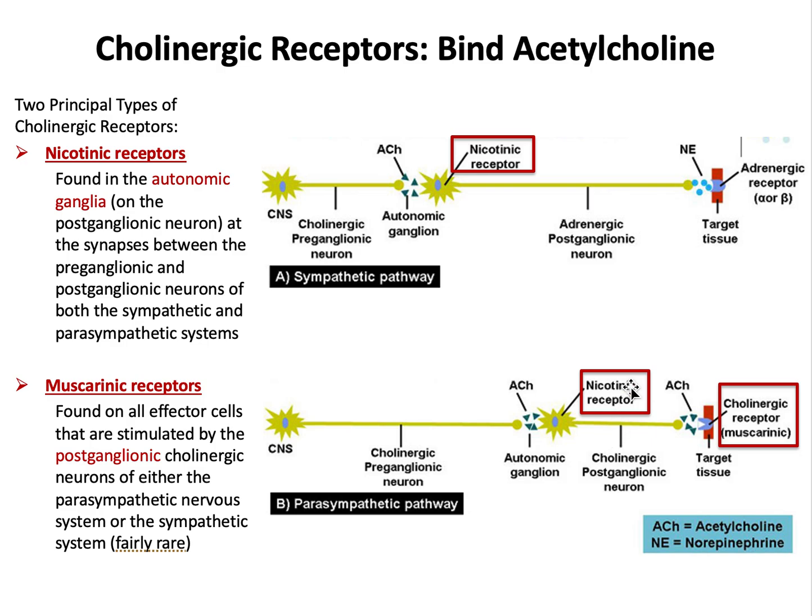Now the difference comes in the postganglionic neurons. In our sympathetic pathway, our postganglionic neurons are adrenergic neurons. They're going to secrete norepinephrine. And the norepinephrine neurotransmitter will bind to either alpha or beta adrenergic receptors on the target tissue. Whereas the postganglionic neuron of the parasympathetic pathway is going to also be a cholinergic neuron.